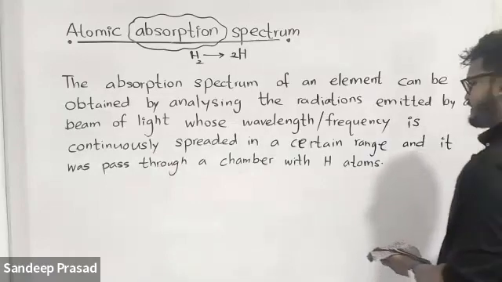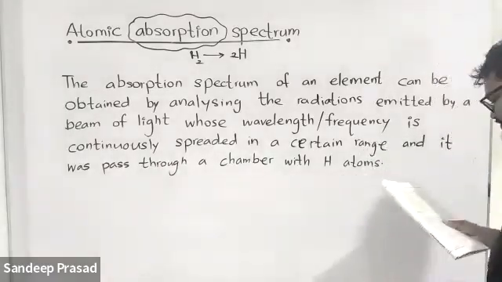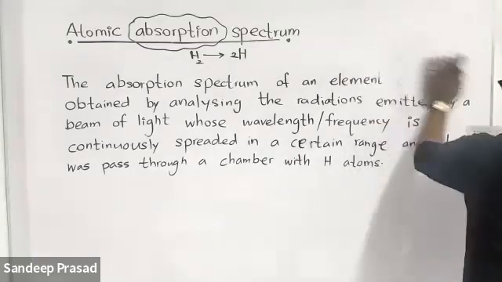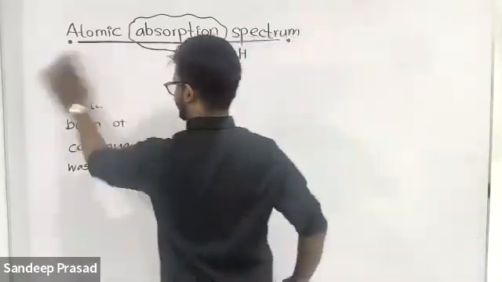Very easy. Page number 33. Again, you are given some space right down there. Write down this absorption spectrum in page number 33.